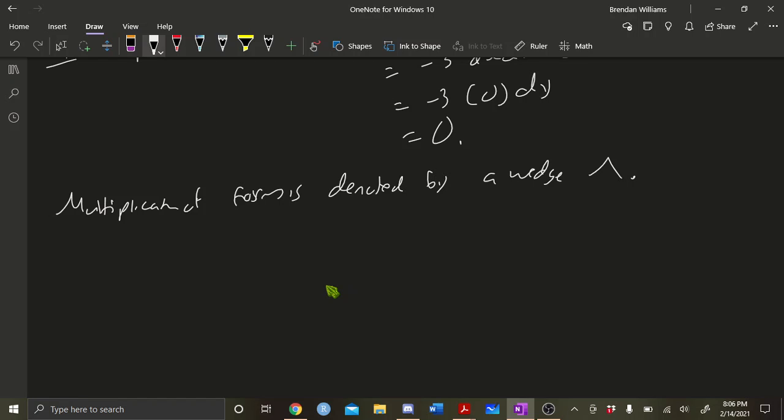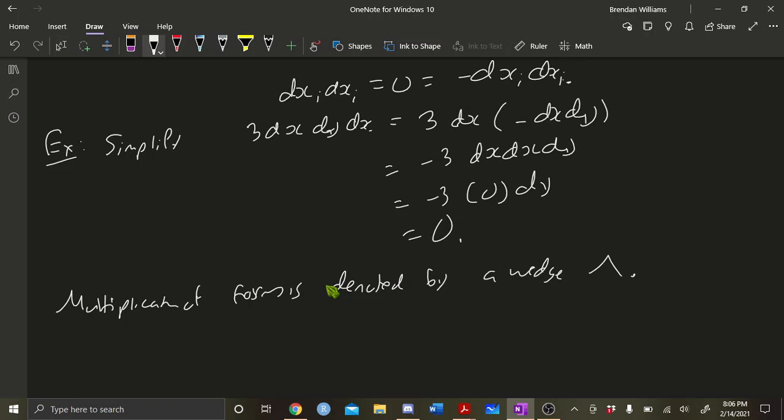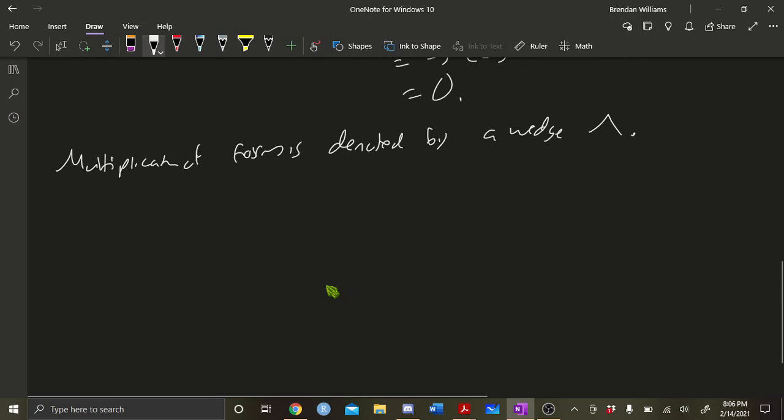So if we go back to the past example, we can tell we're being a little bit lazy with notation, because we could write the 3 dx dy dz as the product of the forms 3 dx wedged with dy wedged with dz, for example.